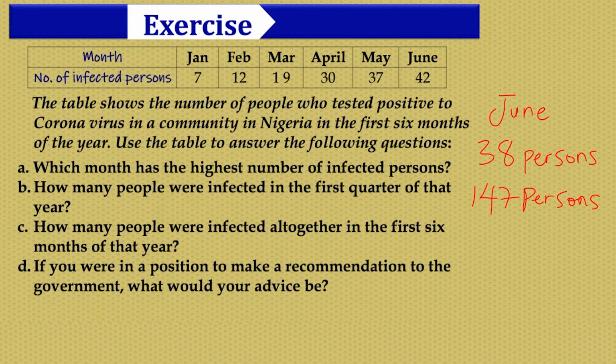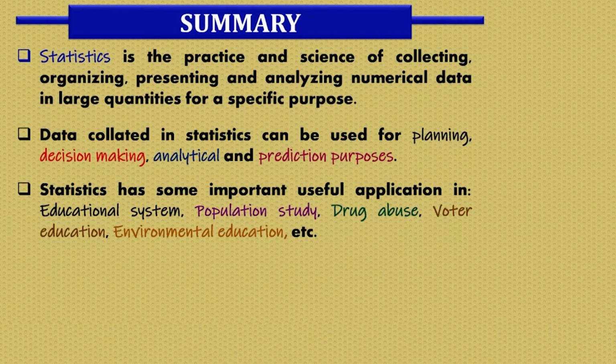This is where we come to the end of this lesson. But before we go, let's look at a summary of all we've learned. First, we learned that statistics is the practice and science of collecting, organizing, presenting, and analyzing numerical data in large quantities for a specific purpose.